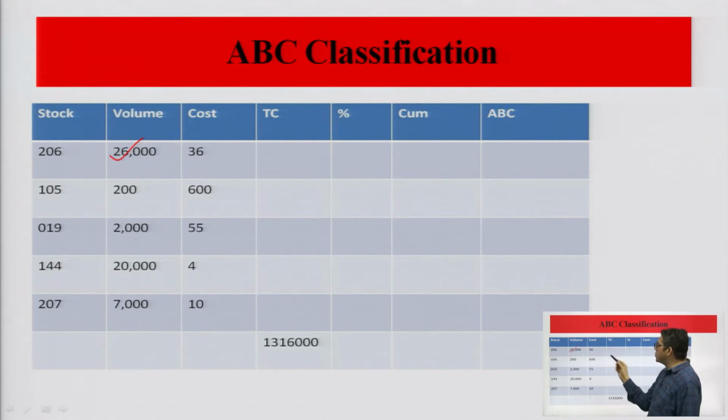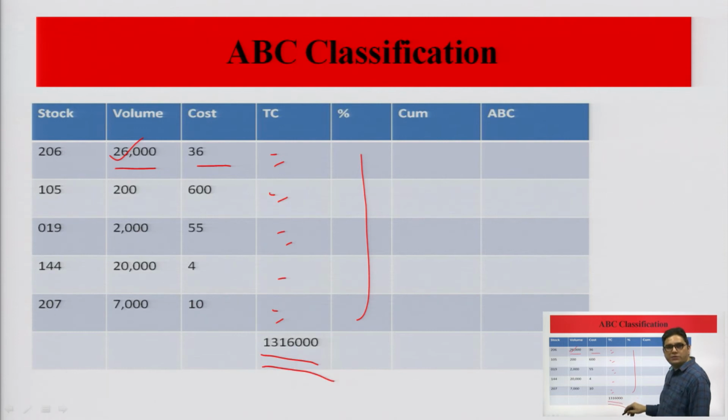It is calculated by multiplying this portion by this, and we calculate the total cost of all the stock items. Then we take the percentage of each item in relation to the total cost, so we can easily understand how much percent of the total cost each stock item has.